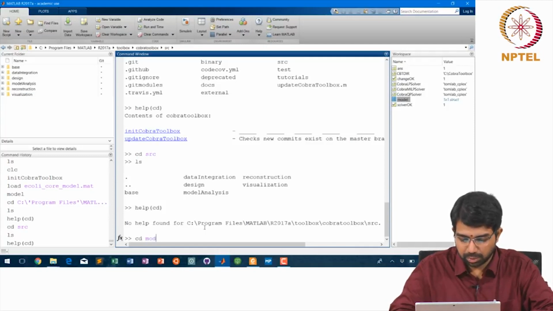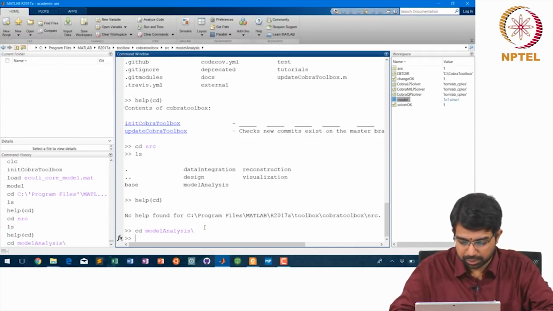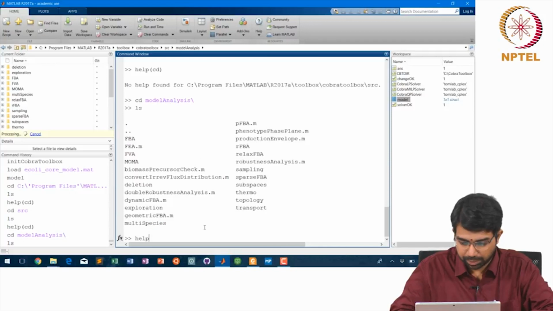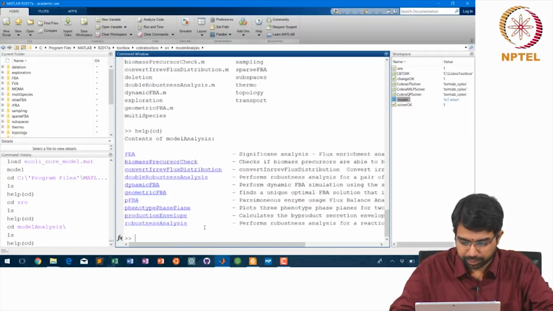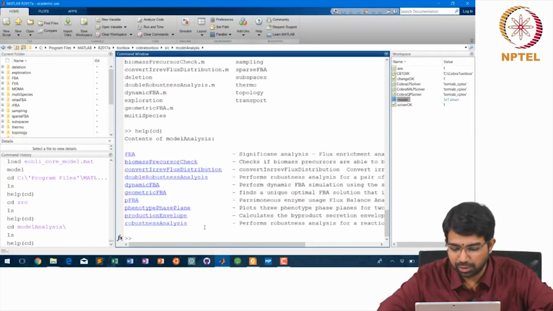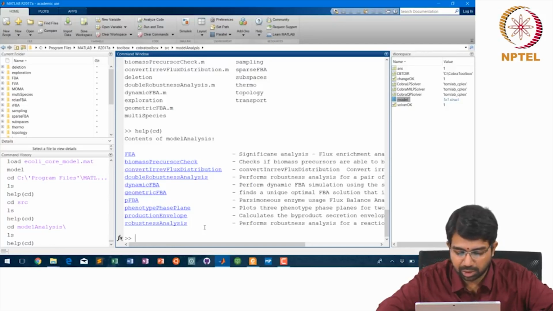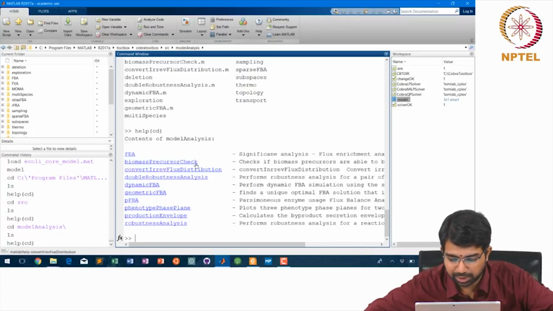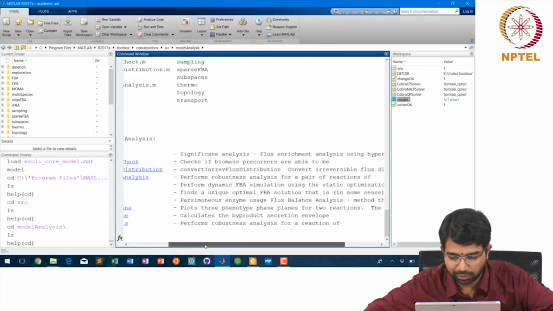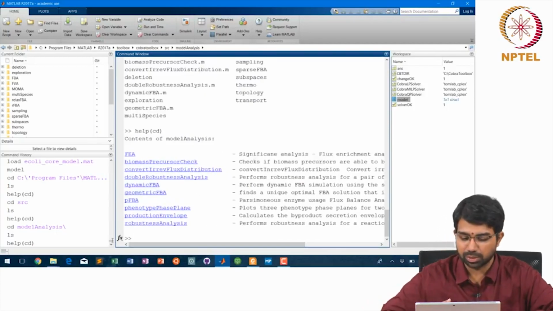Let us go into model analysis. This tells you a bunch of interesting methods. So, there is something called flux enrichment analysis, there is dynamic FBA, geometric FBA, phenotype phase plane analysis, and so on. But the one useful thing here is biomass precursor check, which lets you know if biomass precursors can be produced and so on.